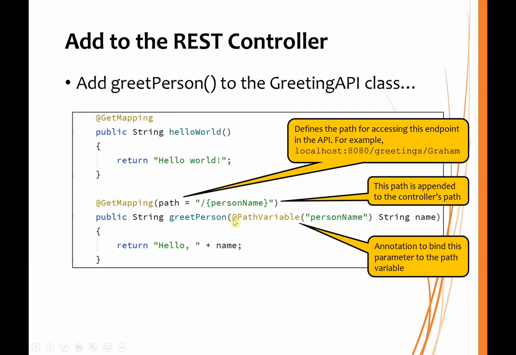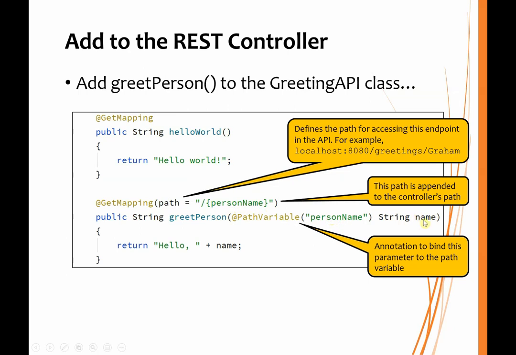So by putting @PathVariable person name, we are linking this parameter with that variable in the path. And so when the request comes in from the client, whatever value, in this example, Graham, whatever value is put into here will become the value of that parameter.